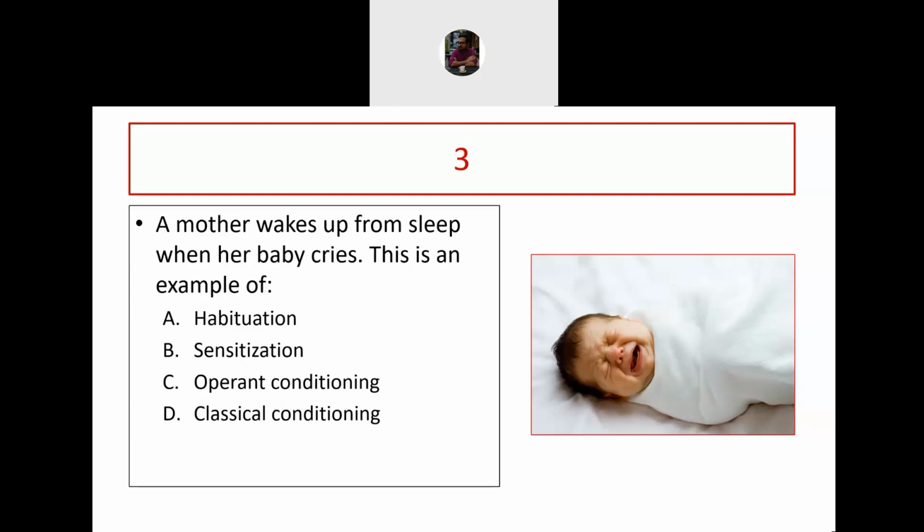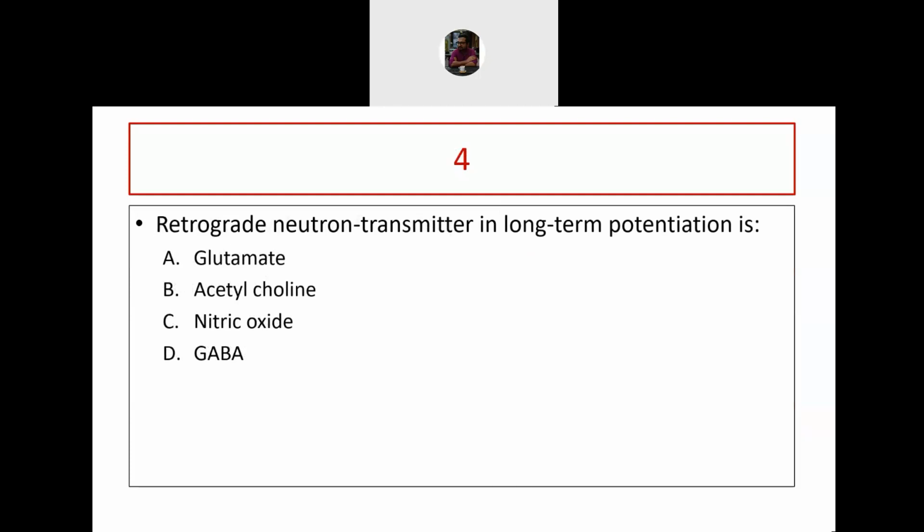The fourth question. Retrograde neurotransmitter in long-term potentiation is.